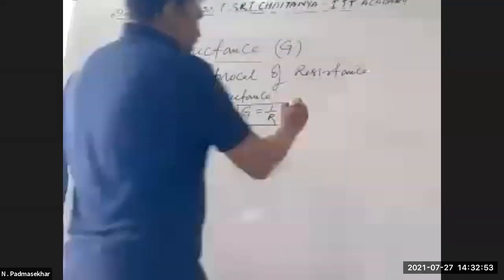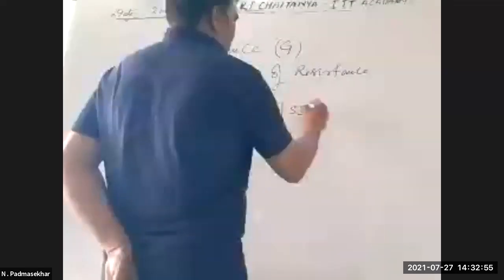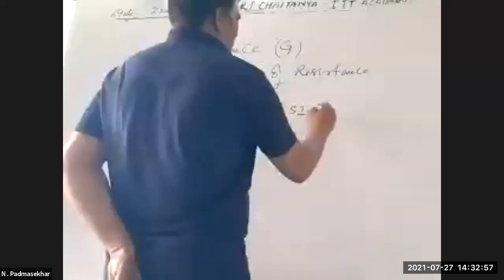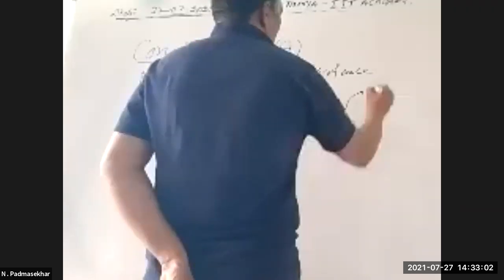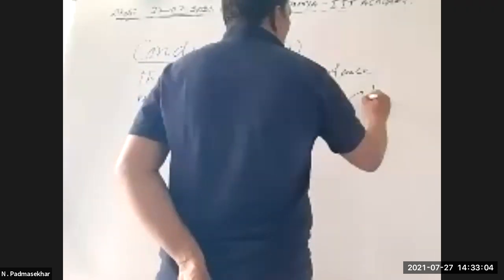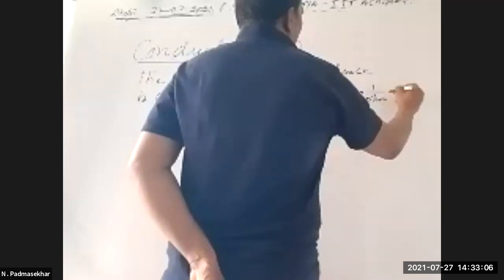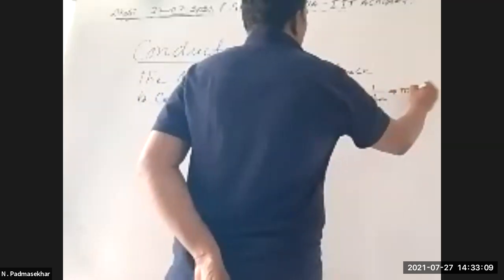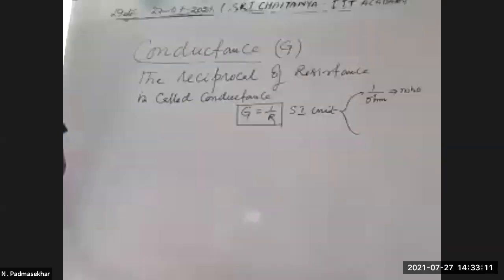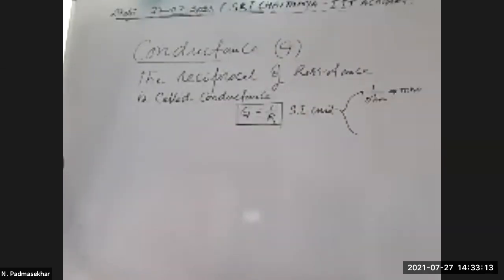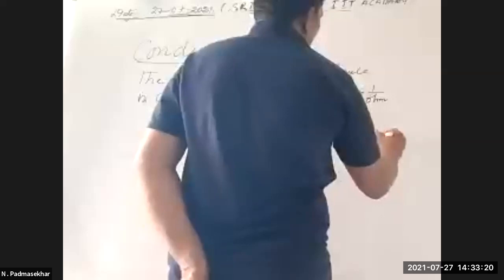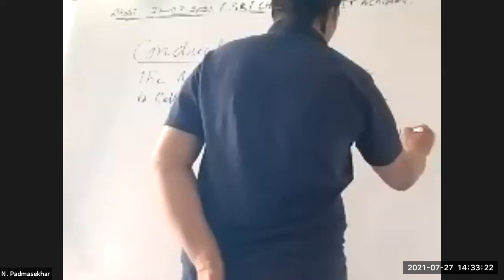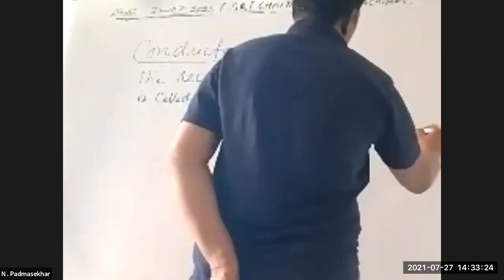And the SI unit of this is 1 by ohm, or otherwise this is mho, 1 by ohm, mho, or otherwise called Siemens.